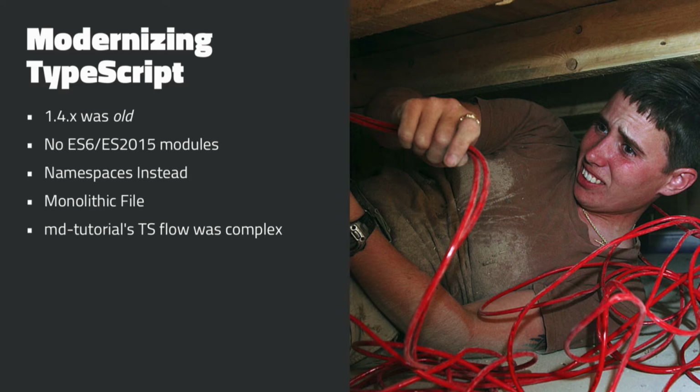So we just saw about these import-export ES 2015 modules and how great they are. Well, they didn't have those back in the TypeScript 1.4 days. You had native TypeScript modules or CommonJS, and I didn't know about webpack back then, so I didn't know how to package all this stuff up and make it useful. So they have what are now called TypeScript namespaces. So essentially all the TypeScript was doing was producing one big JavaScript file. So I had to upgrade that.